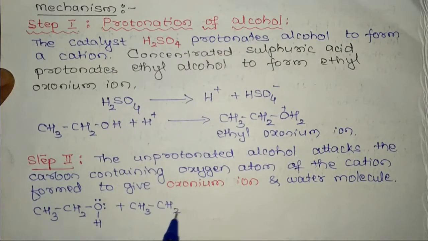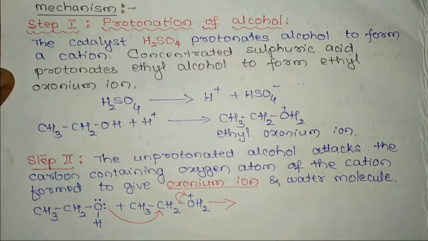This is CH3CH2OH2 plus. Here the oxygen atom of the unprotonated alcohol attacks the carbon containing oxygen atom of the cation, to form oxonium ion and a molecule of water. This oxygen attacks this carbon atom, then this bond moves towards this molecule.